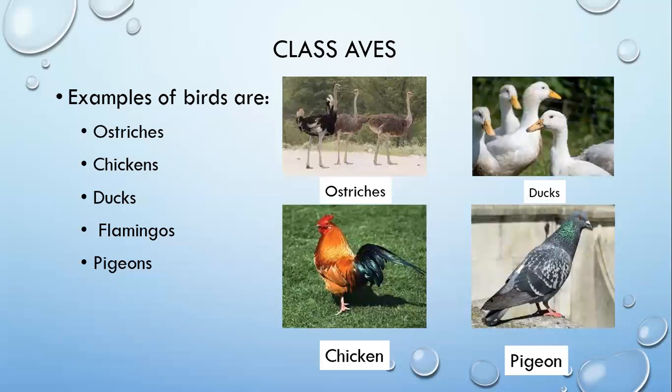This is the other class, the class AVES. This class involves various organisms, basically the birds. Examples of birds are ostrich, chickens, ducks, flamingos, pigeons, etc. So this class involves all kinds of birds.